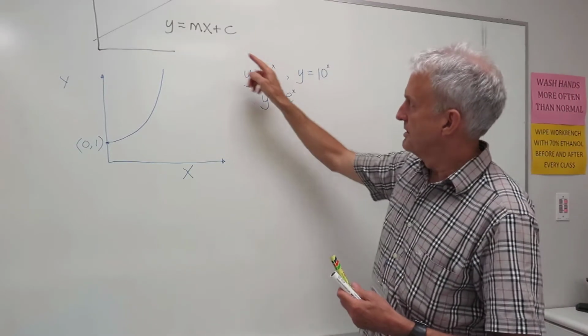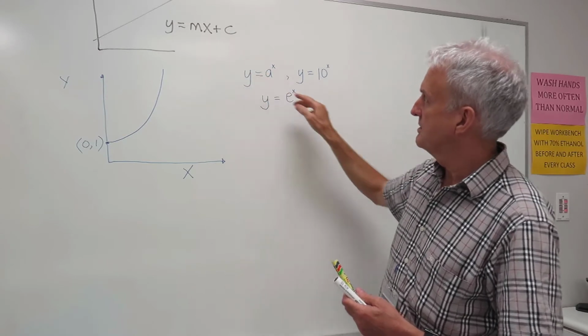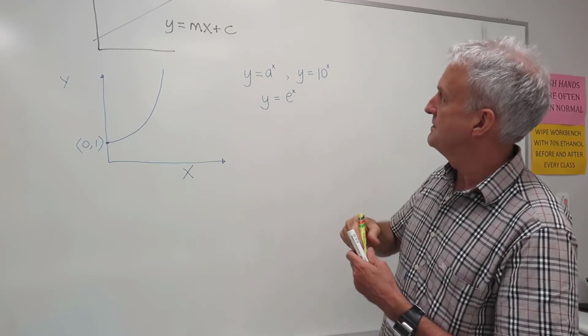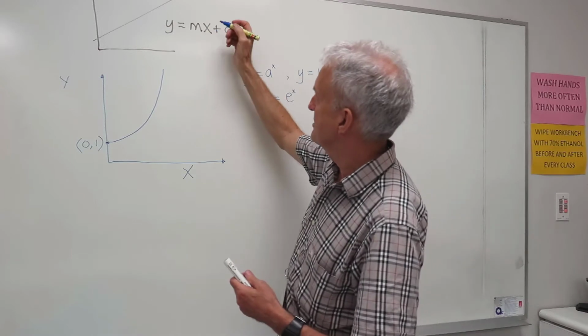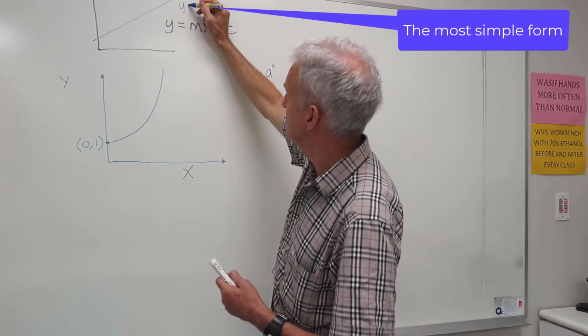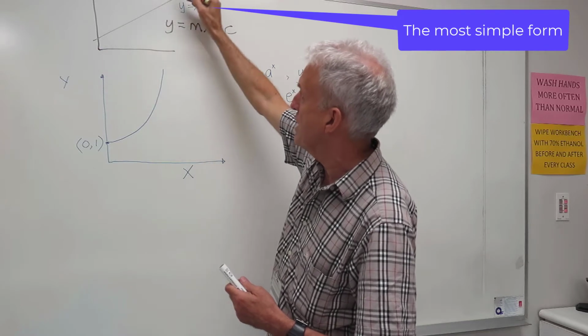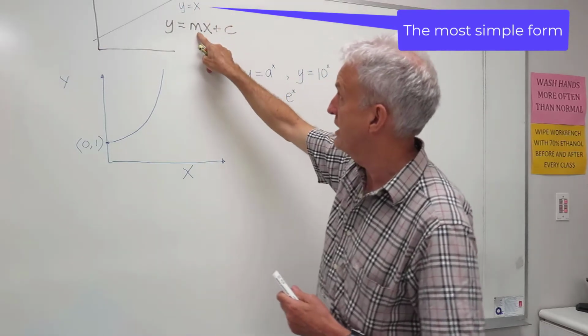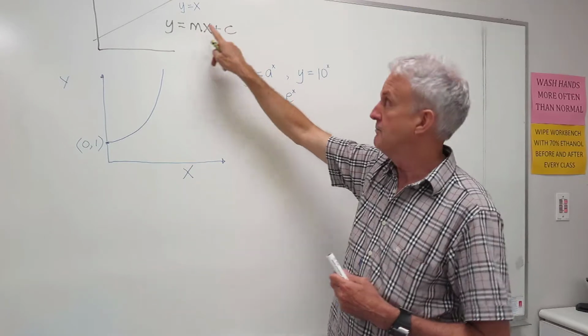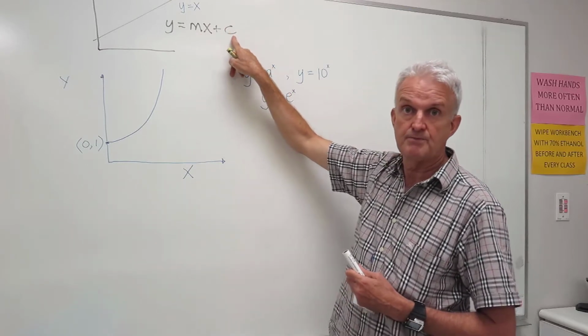Now, similar to y equals mx, if I come back to this one, the very general form would be y equals x, and you just have the line starting at 0 with a slope of 1. From there we can change the slope using m, and we can change the intercept using c.